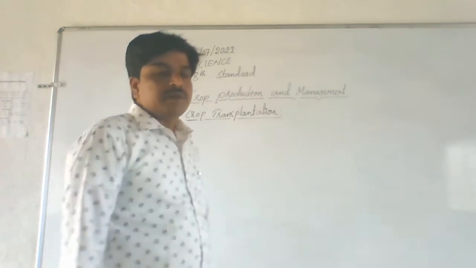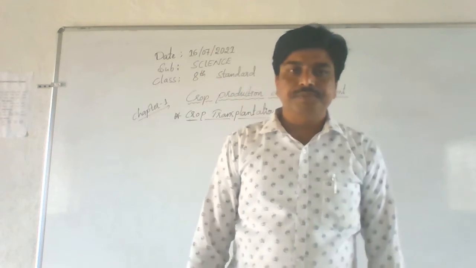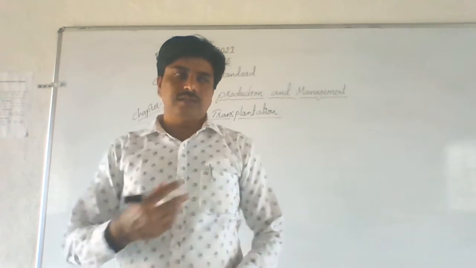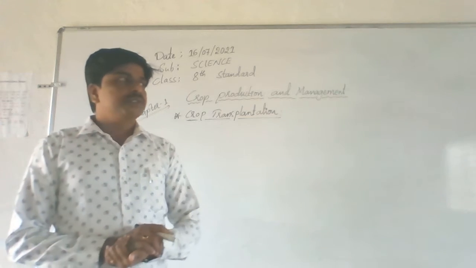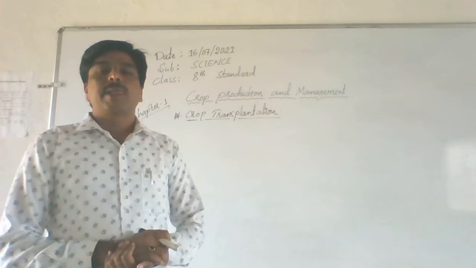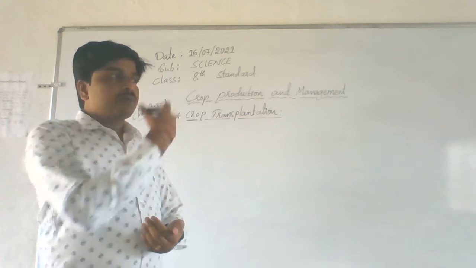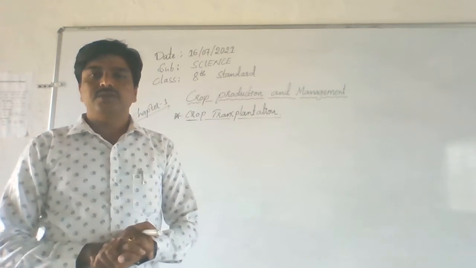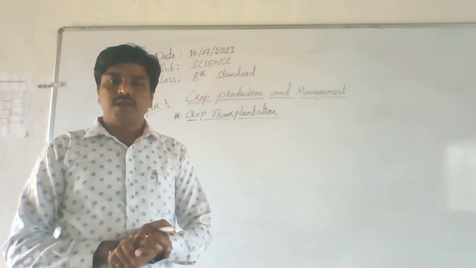Okay, let's see crop transplantation. What is crop transplantation? In the last class, we have learned about how seeds are sown in different methods. Here crop transplantation is there. What does it mean? Let's see.